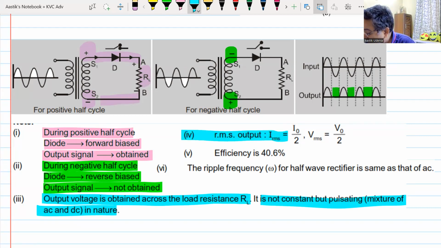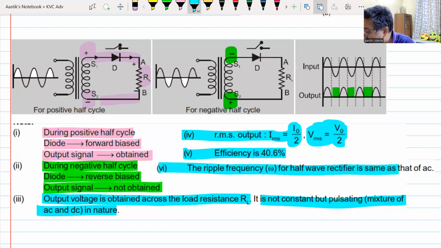The RMS output is I naught by 2 and VRMS is V naught by 2 because it becomes half. Efficiency of the cycle, we will see it in detail, is 40%. The ripple frequency omega is the same as that of omega. That means the angular frequency of both AC and DC is the same.